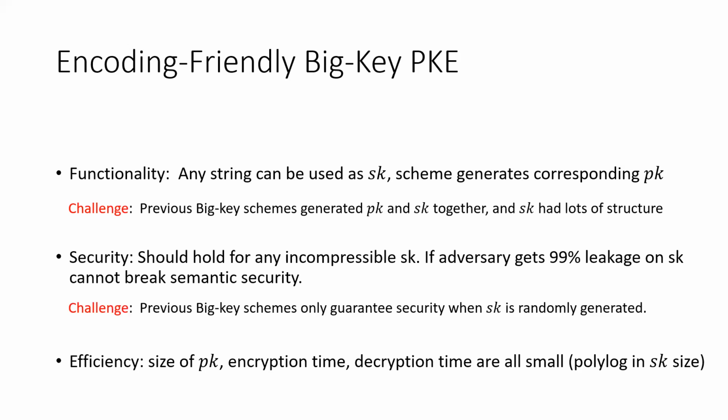The other challenge is that previous schemes only guarantee security when the secret key is randomly generated via the keygen algorithm. Here I want security to hold even when the secret key doesn't have a lot of entropy, just some incompressible encoding. So just as long as the secret key is incompressible rather than uniformly random.